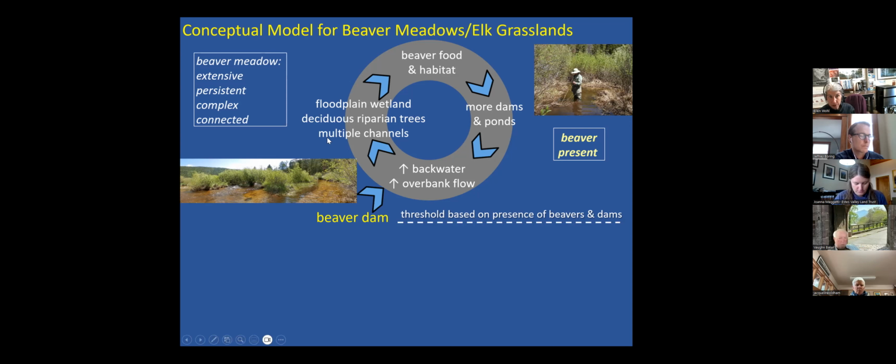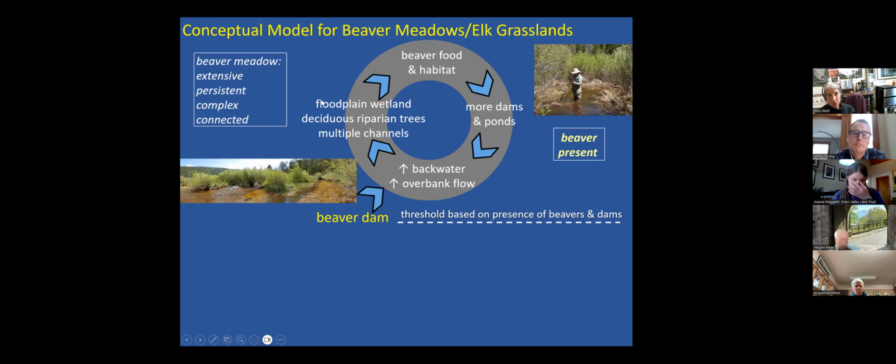So you've got these multiple channels, you've got a very high water table that favors the willows, aspen, river birch, choke cherry, and some of the other native species that like a lot of water. You get these extensive floodplain wetlands. That's great habitat and food for the beavers. So you have more beavers staying in the area, you get more dams and ponds.